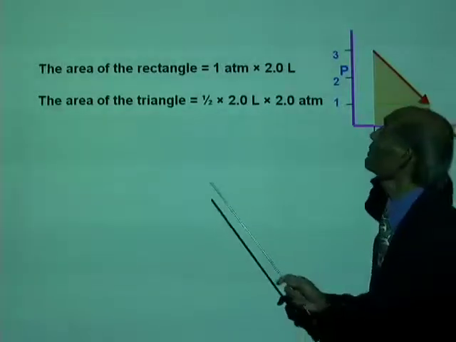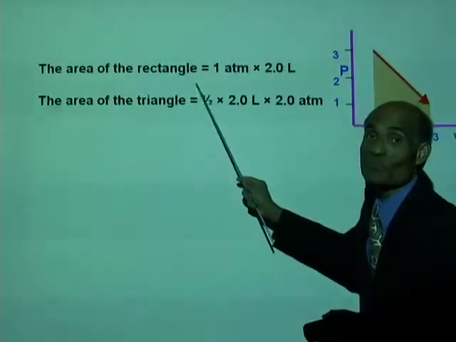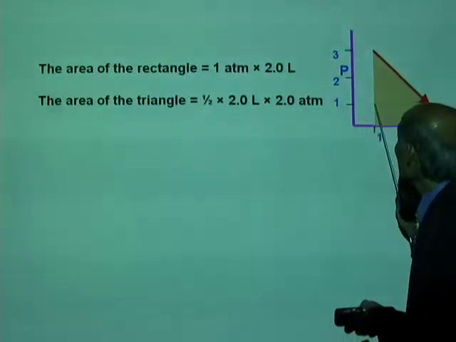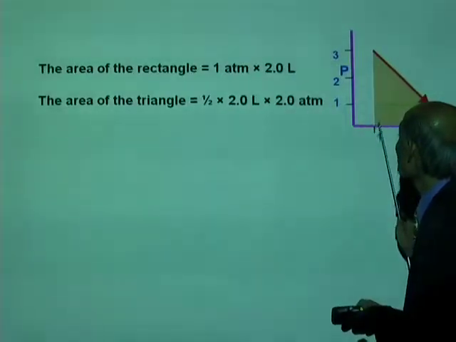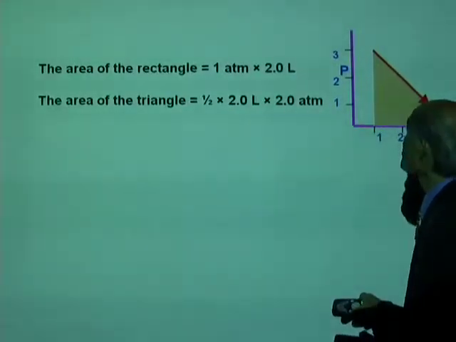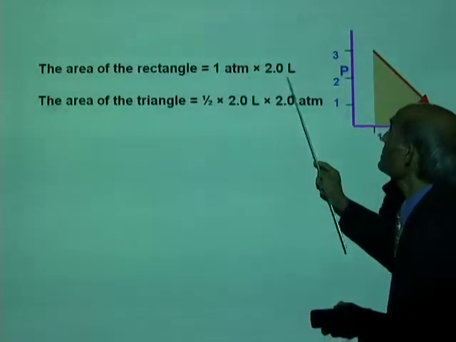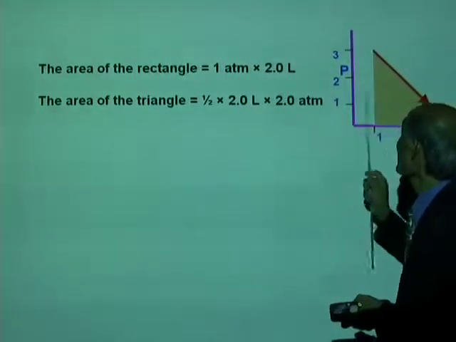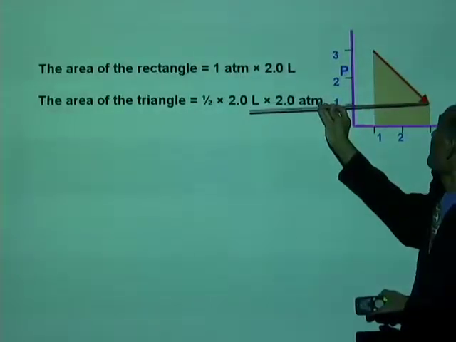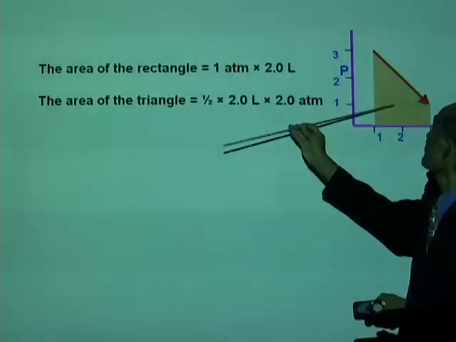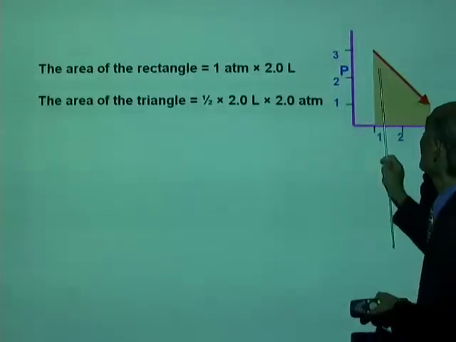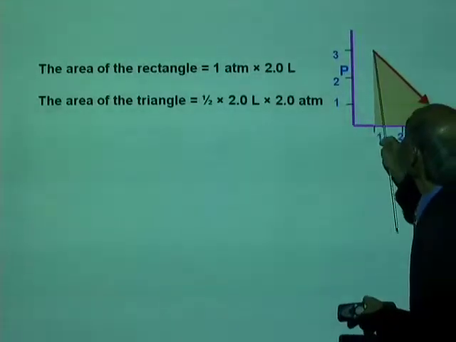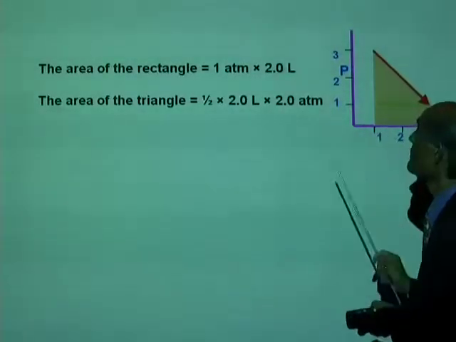Let's calculate those areas. The area of the rectangle is, the width is 1 atmosphere, the length is 2 liters, 1 atmosphere times 2 liters, and the area of the triangle is 1/2 base, 1/2 times 2 liters multiplied by the height is 2 atmosphere.